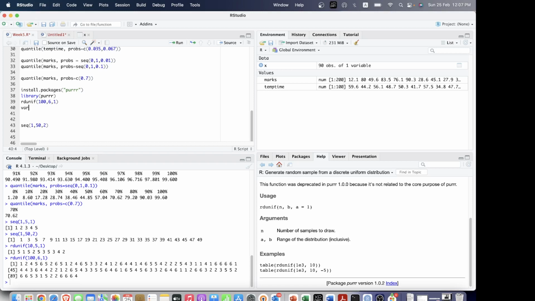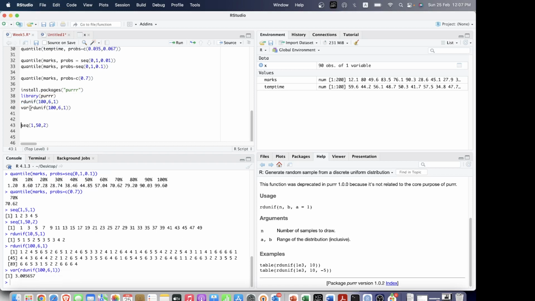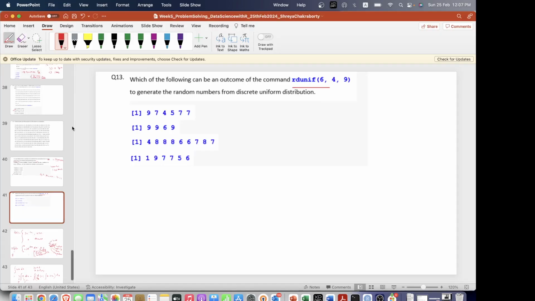Alright, so if I take the variance of this rdunif output, one thing you have to note is that the variance command in R behaves differently. Usually we write variance as the summation of xi minus x bar whole square, divided by n.